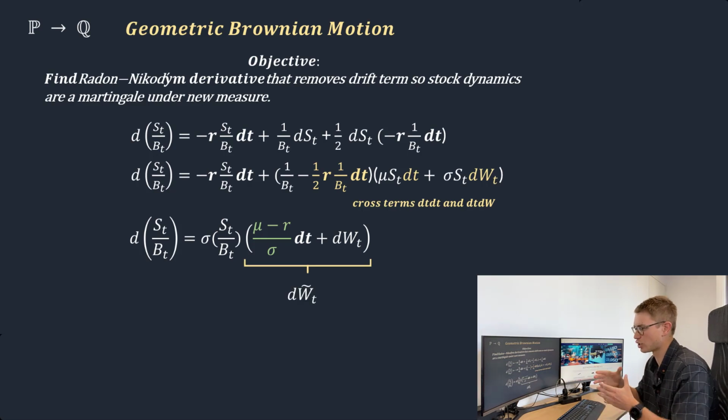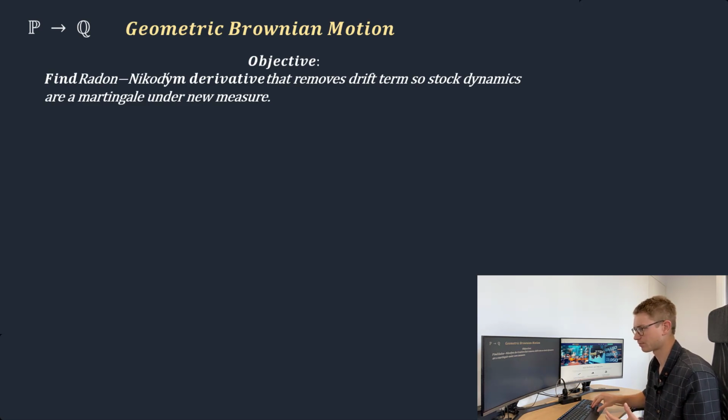Now, this is our new Brownian motion. The translation to the old physical probability Brownian motion is by what's called the market risk factor, mu minus R over volatility, and that's now a deterministic shift.